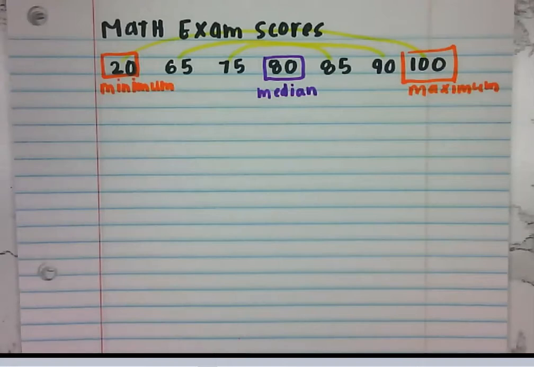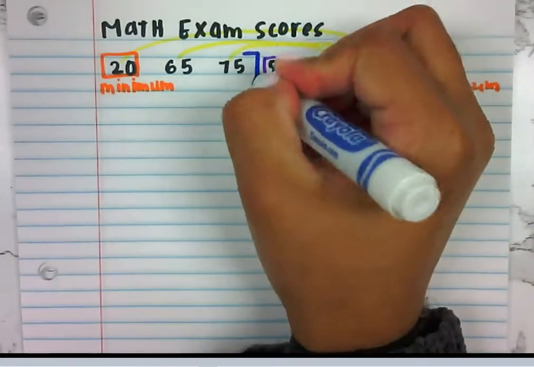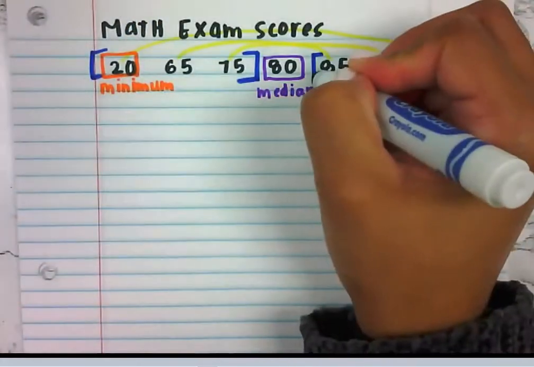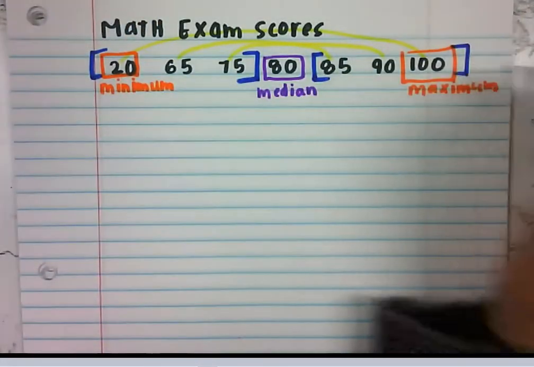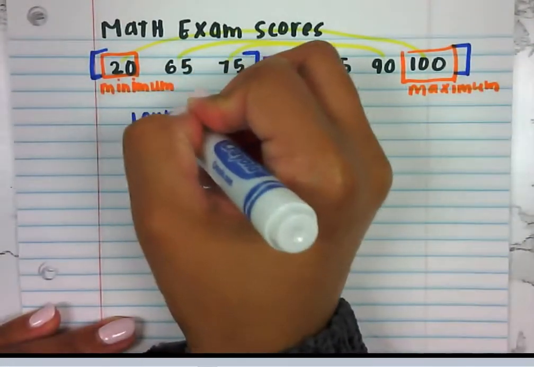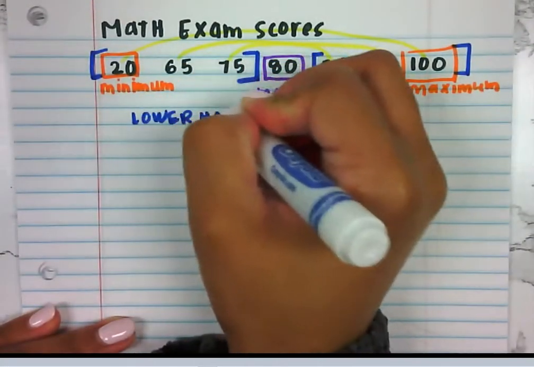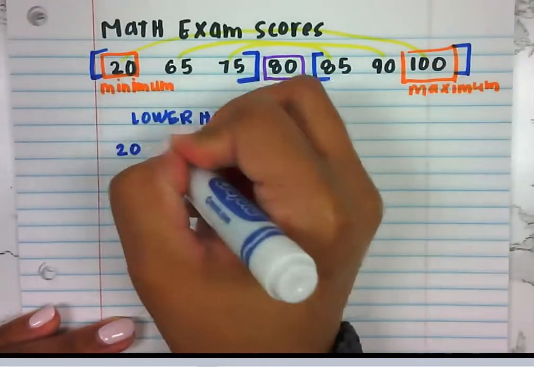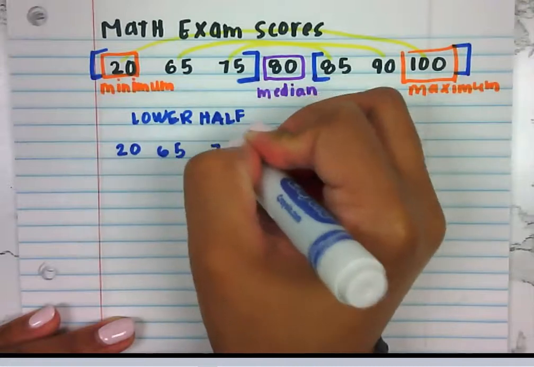But now we need to split our data up. We're going to have a lower half and an upper half. So my lower half is going to be over here. My upper half is going to be over here. So lower half includes 20, 65, and 75.